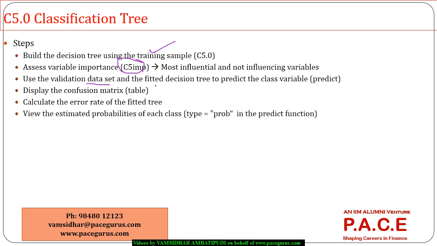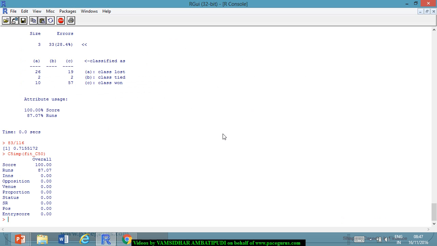Now use the validation data set and the fitted decision tree to do the prediction. Pred underscore C50, I'm doing the prediction part. We'll use the function predict the same way we have used earlier.